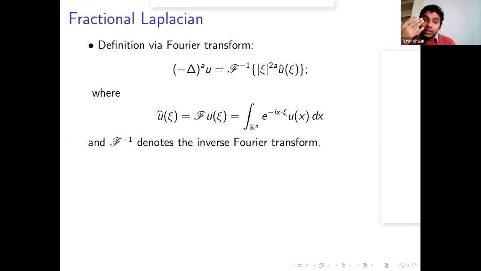In this case, it looks very simple because you can write everything in terms of the Fourier transform, because to define the Fourier transform, we basically use the plane wave e to the power i x dot xi.